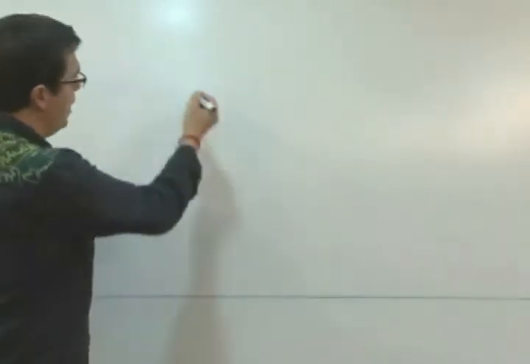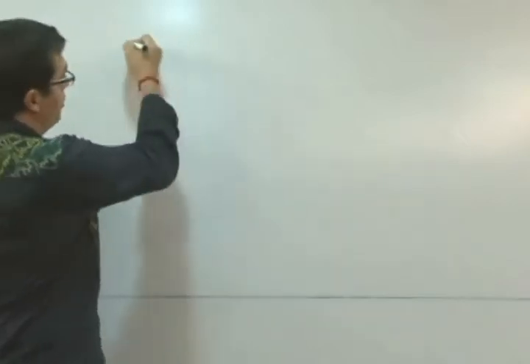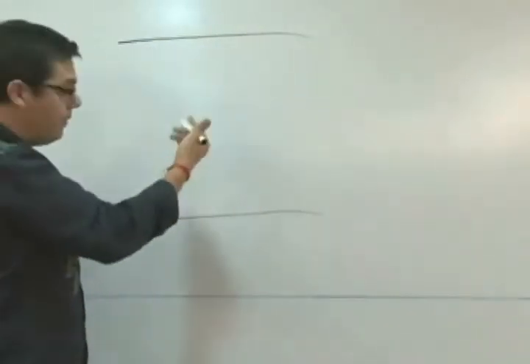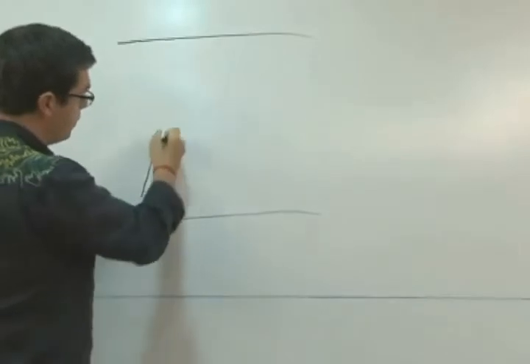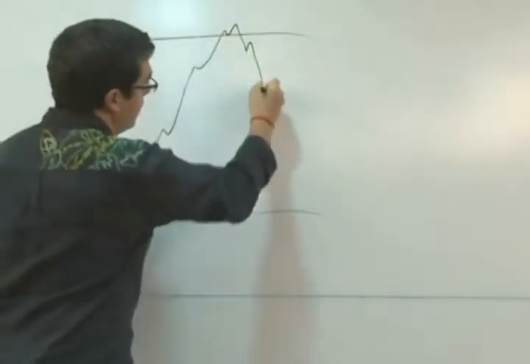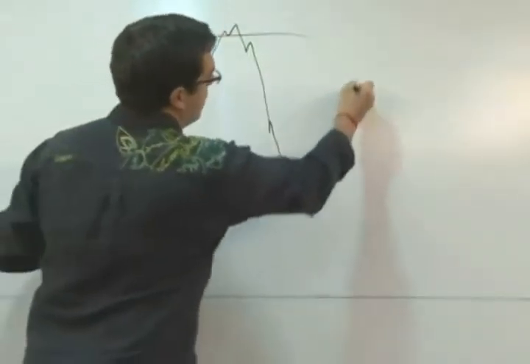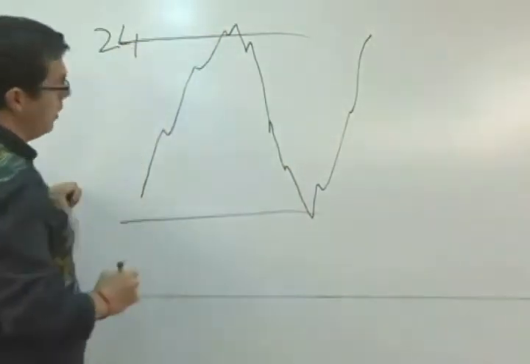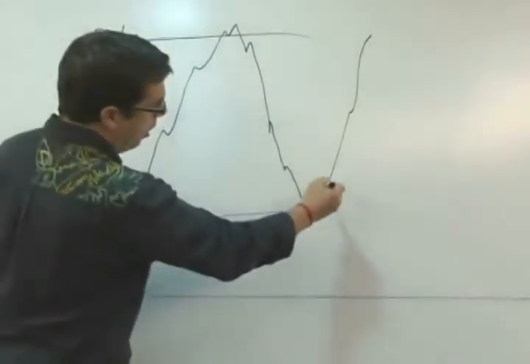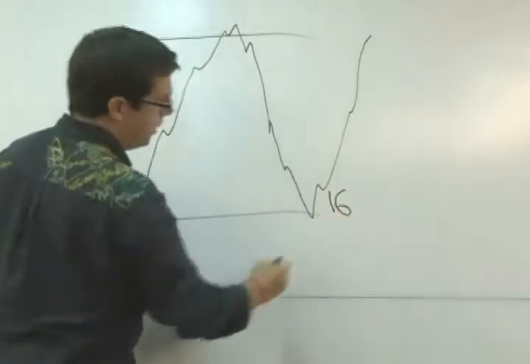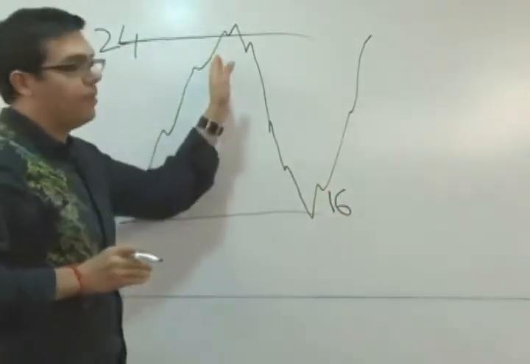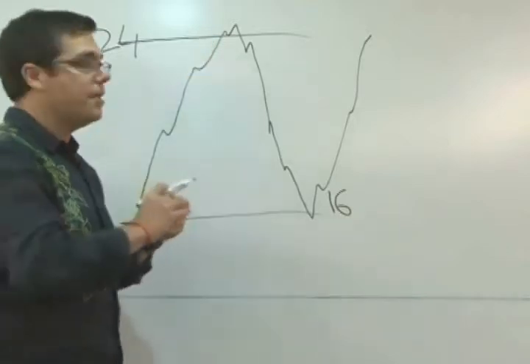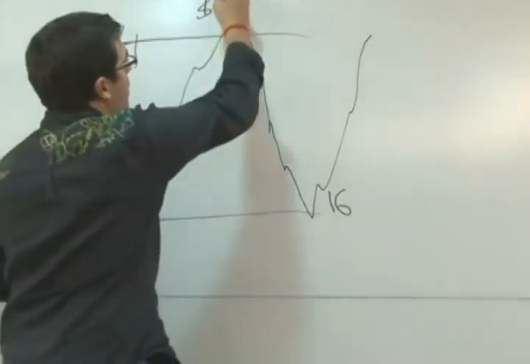So take a look. Typically, VIX is going to travel somewhere within levels of, very often, something like this. If this is the level of 24, and this is the level of 16, what you're going to find is that when VIX reaches a value of 24, this is the time to buy the market.